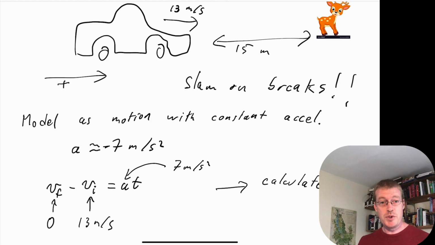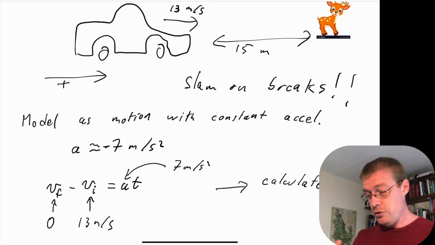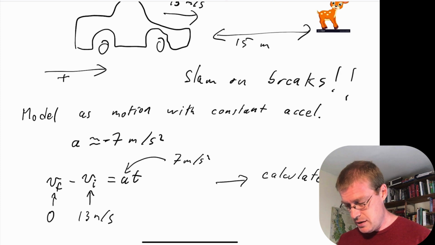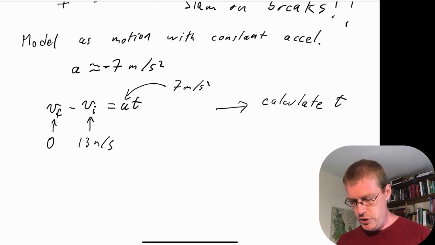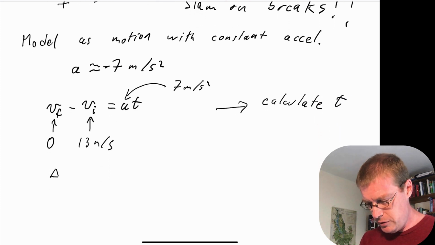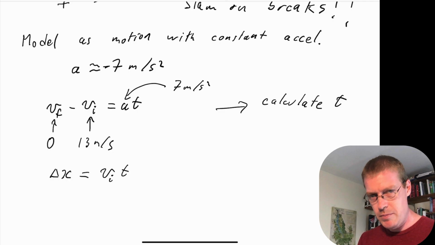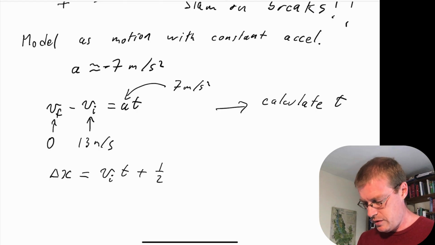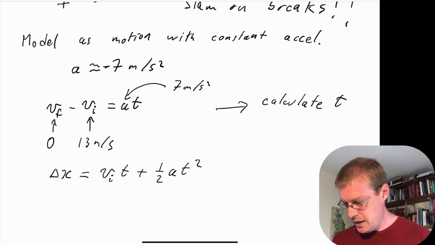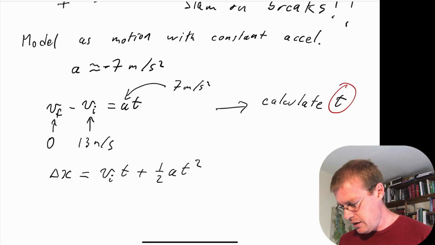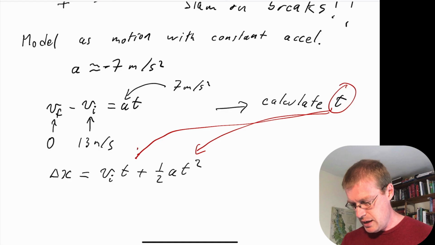And then the next step to figure out how far you go during that braking event is I would use that the distance traveled is the initial velocity times time plus 1/2 At squared. And I could take this time that I calculated here and plug it into these two places and calculate the distance.